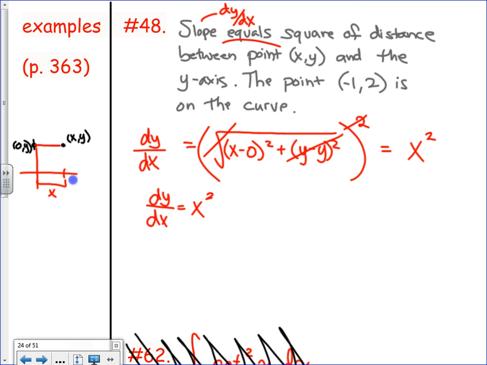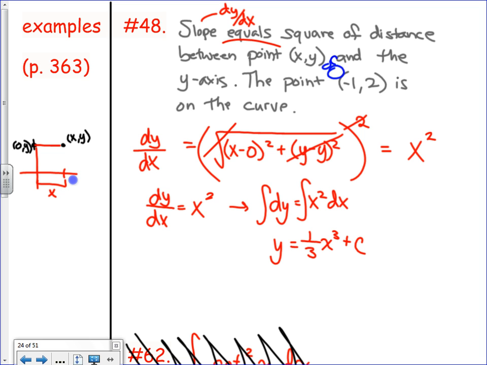Hold on, pause. What do I do? What did we do a second ago? And then when I end up with y equals 1/3 x cubed plus c, do I stop? Or do I notice that they give me a point from which I am going to solve for my constant?